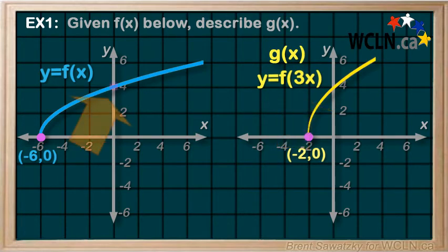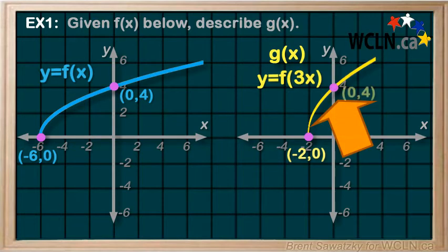Let's look at this point here, 0, 4. And the corresponding point in our new graph is also 0, 4. And let's see if that agrees with our conclusion around a horizontal compression by a factor of 3. The y value stays the same, so 4 stays 4. Check. And the x value has to be multiplied by 1/3.